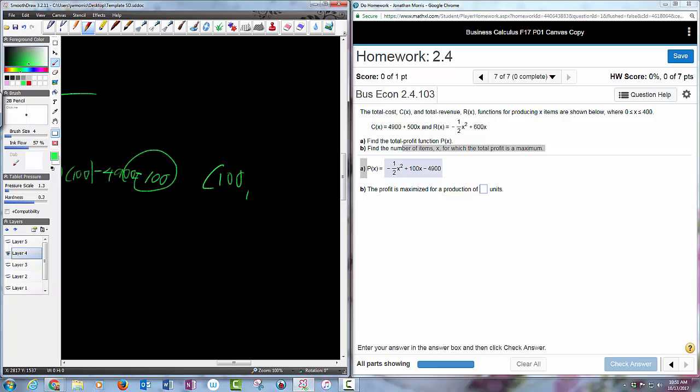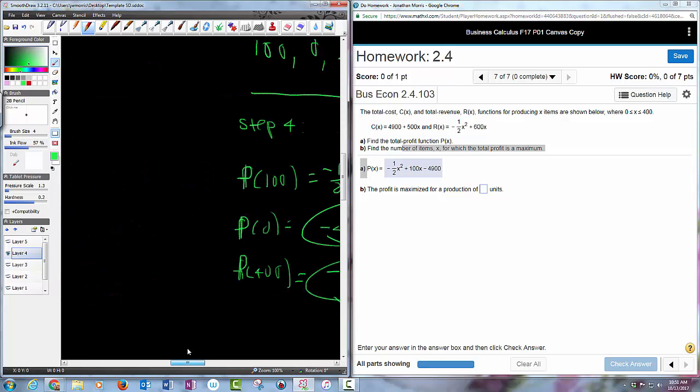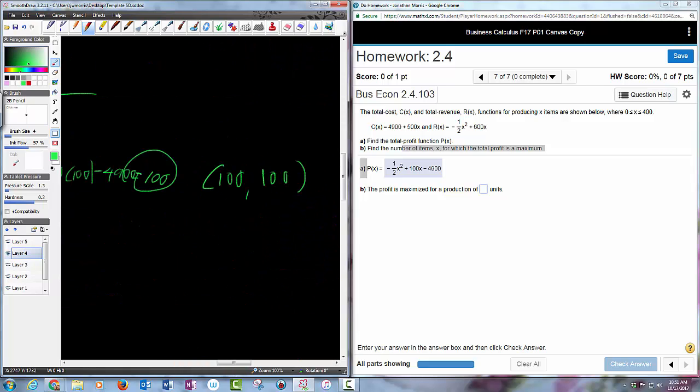The x was 100 and the y value I got was 100. For P of 0, my x value was 0 and my y value was negative 4,900. For P of 400, my x value was 400 and my y value was negative 4,900.